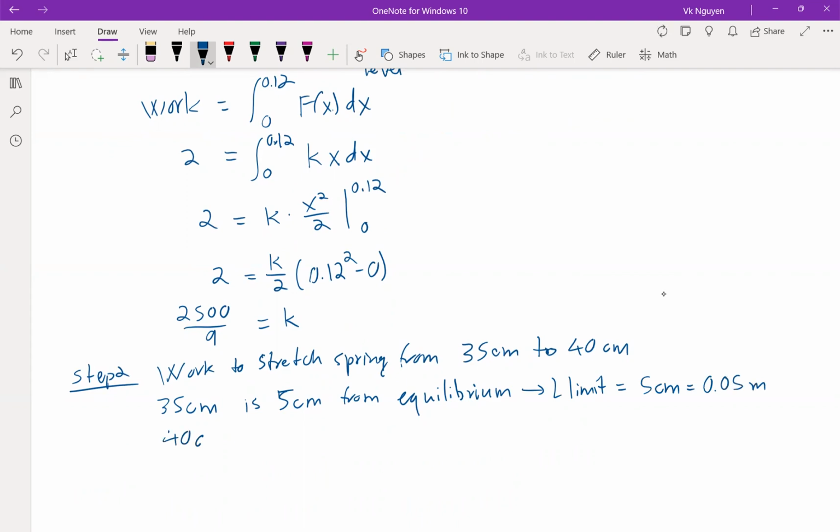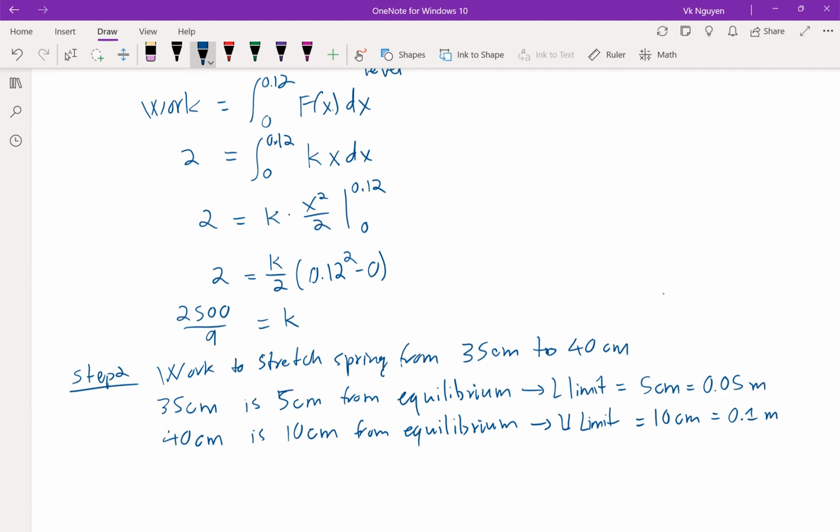And then 40 centimeters is 10 centimeters from equilibrium. This gives us the upper limit of the integral to be 10 centimeters, 0.1 meter.